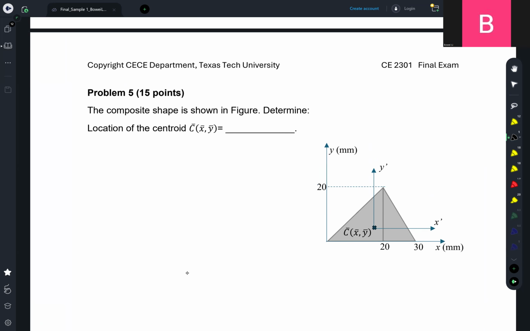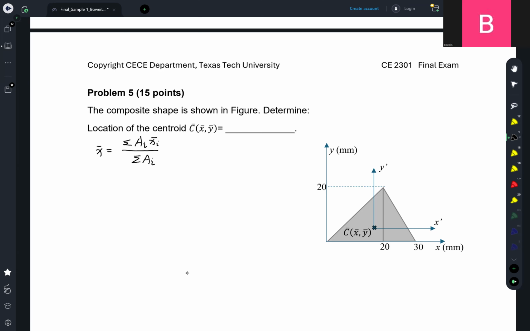So we know that the centroid for a composite area is a weighted average of the centroid of each regular shape. It is the summation of area i times centroid i, divided by the total area.